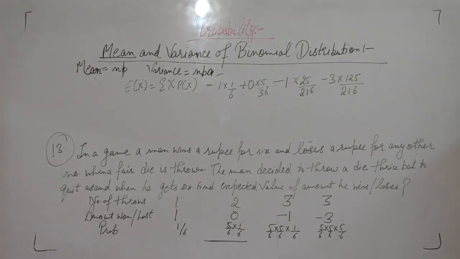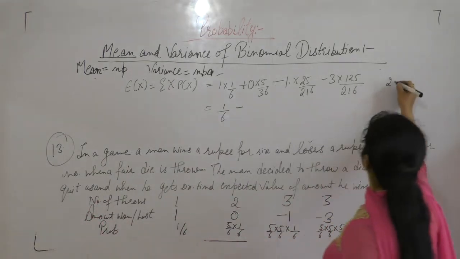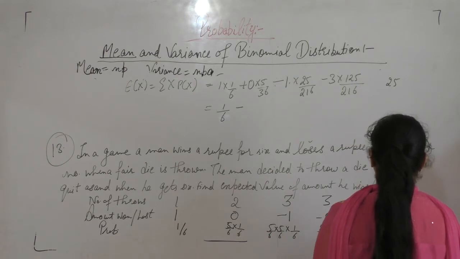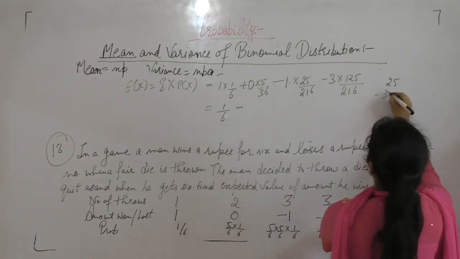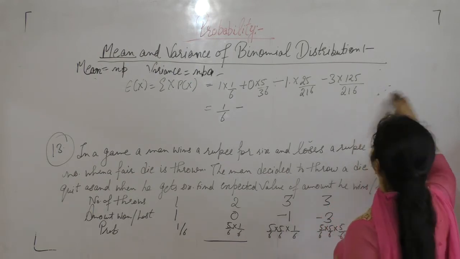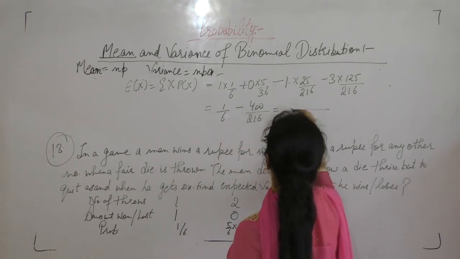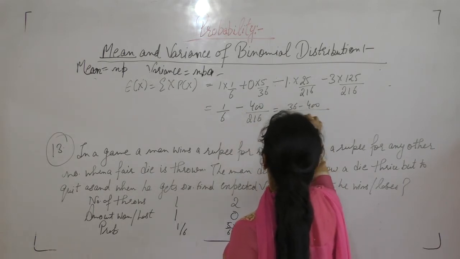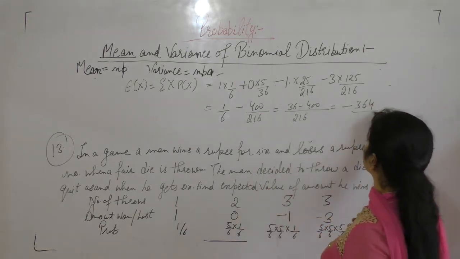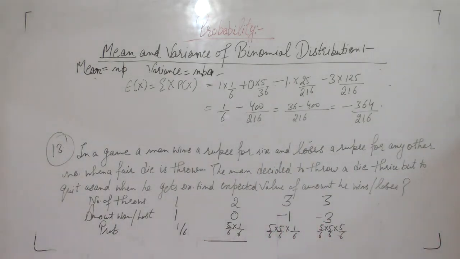16. So 1 by 6 minus 25 and 125 into 3, 375. So 400, 1 by 6 minus 400 upon 216, 36, 10 minus 6, 4, 9 minus 3, so minus 364 upon 216.